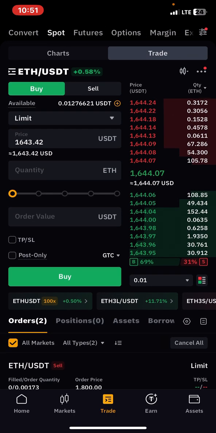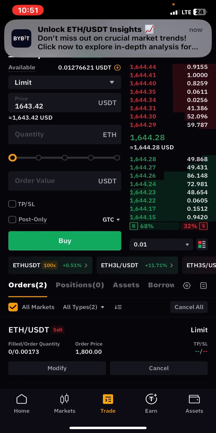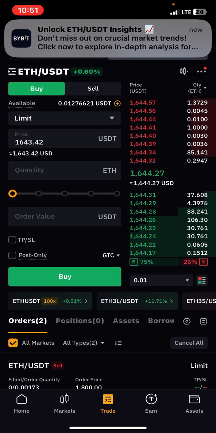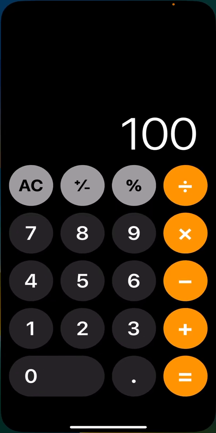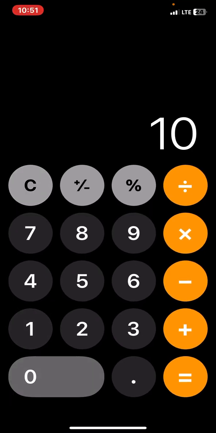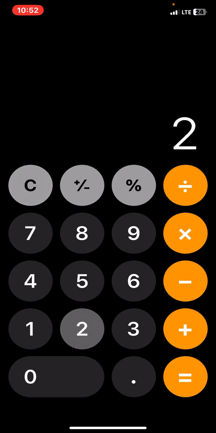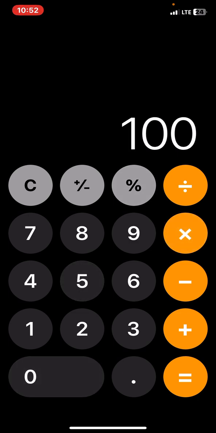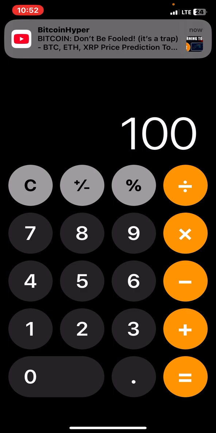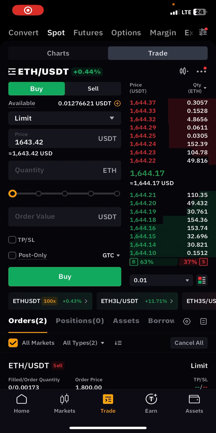If you invest $500, you are expecting to make around 10% to 20%. 10% of $500 is $50 in a month. 20% of $500 is $100, which actually makes sense, right?